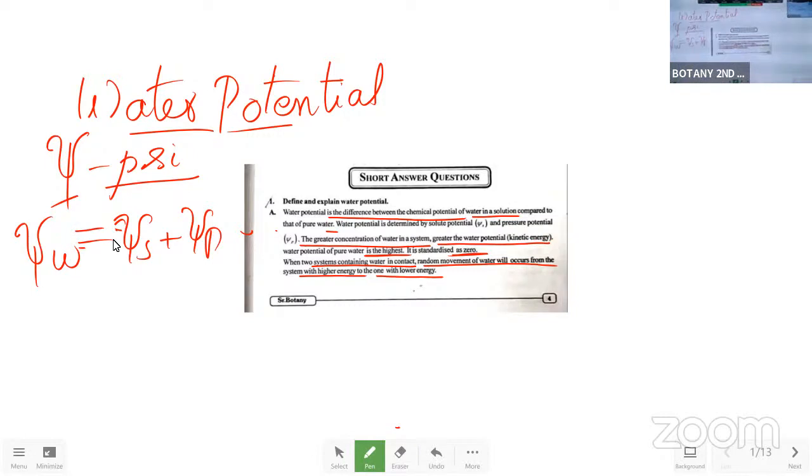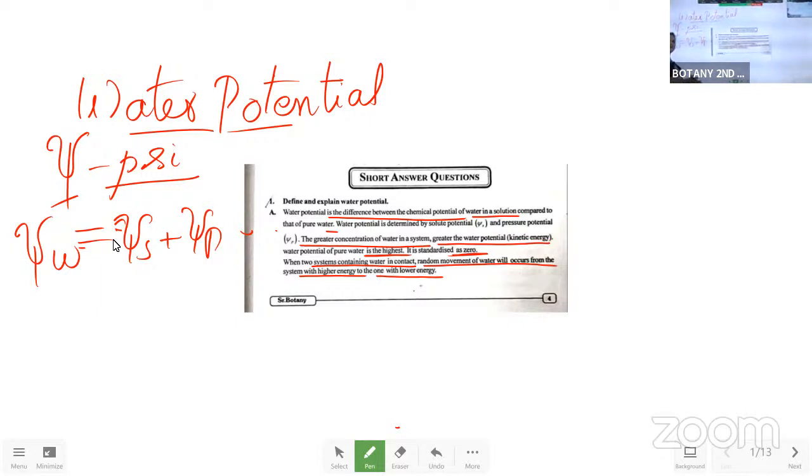In this, pure water has more water potential than the solution, which is zero at standard atmospheric temperature and pressure. High water potential means the water molecules are in their purest form, and they can move from one place to another very fast, having high kinetic energy.